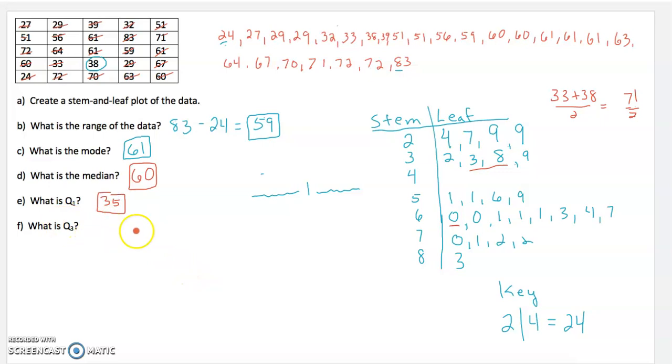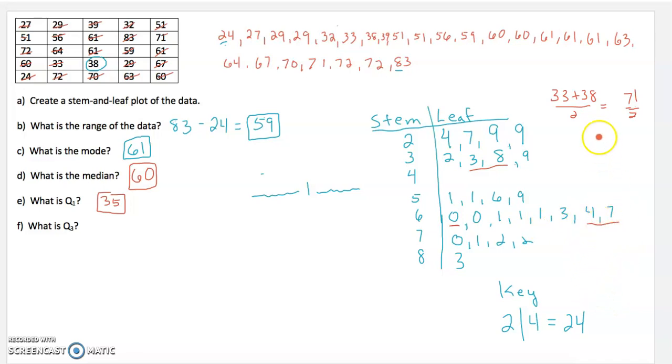Now Q3 is going to be the median of the upper half. So starting with this 60 all the way to 83. Again, there should be 12 numbers here. 1, 2, 3, 4, 5, 6, 7, 8, 9, 10, 11, 12. So the 6th and the 7th number are going to be the ones in the middle. So 1, 2, 3, 4, 5, 6, 7. So these 2 are in the middle. So this is 64 and 67.